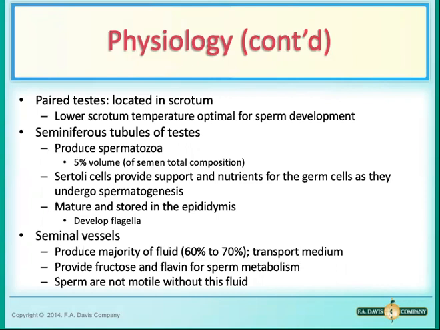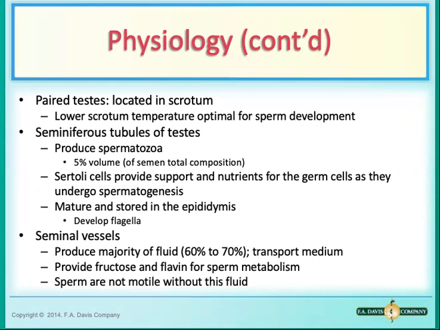So we have the testes, the paired testes. The testes are paired glands found in the scrotum and contain the seminiferous tubules. They are located in the lower scrotum, and the low scrotum temperature is optimal for the development of semen.